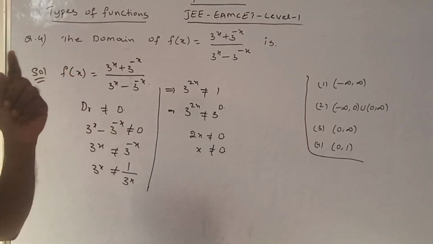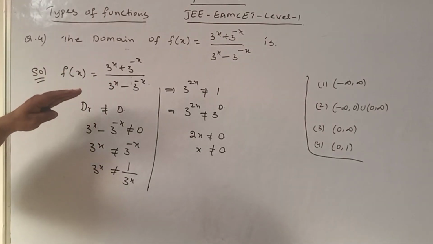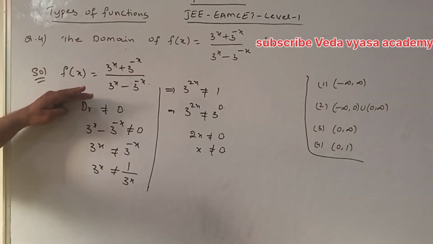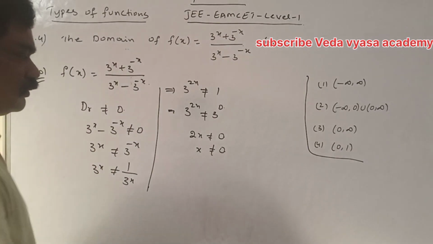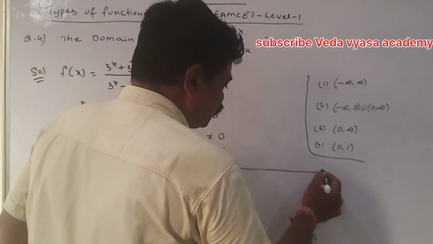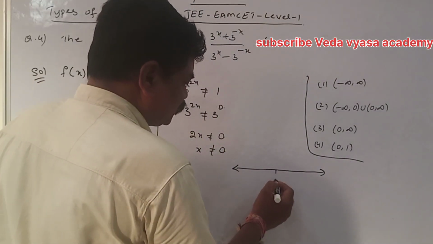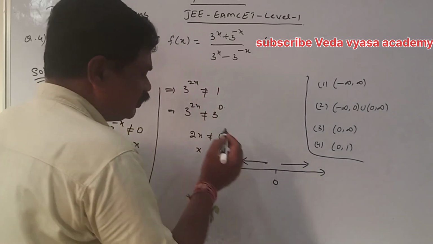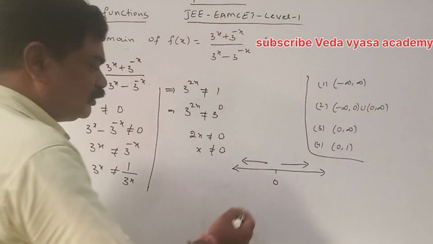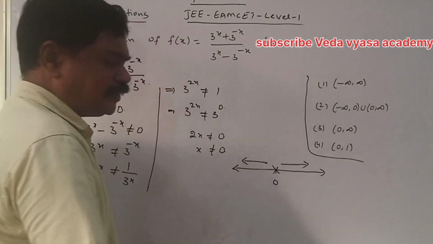If x not equal to 0, this condition is satisfied. The domain is all real values, but x equal to 0 is not allowed. If you take the number line, this is 0, the positive side and the negative side, but the number 0 is not taken.